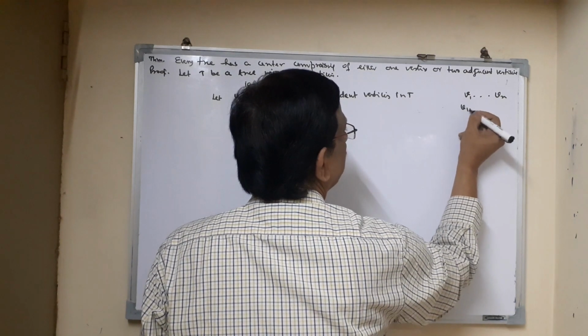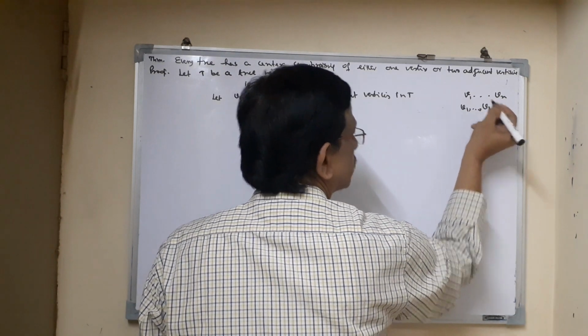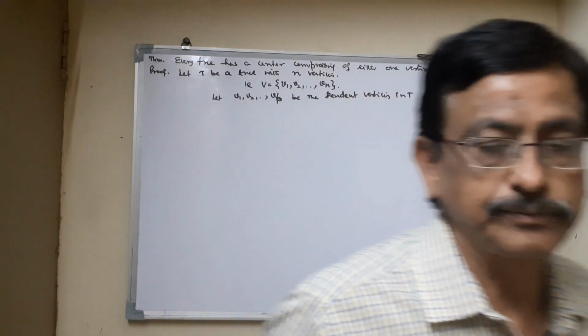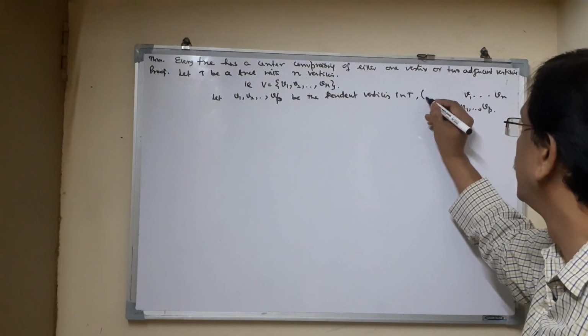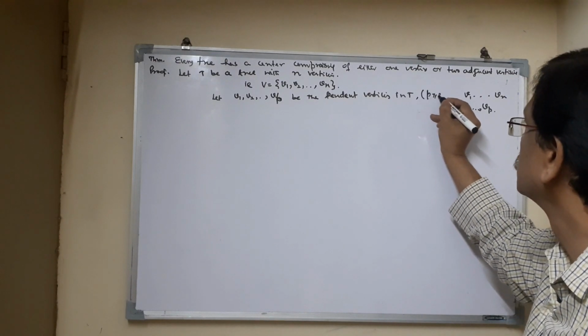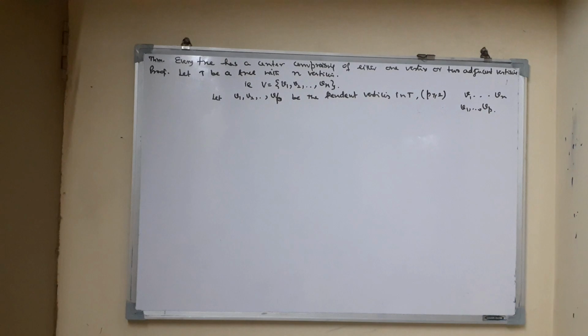Among these, I have P vertices with degree 1. Now I have to check whether these P vertices will be in the center or not. Of course, P is greater than or equal to 2, that is, at least two vertices.